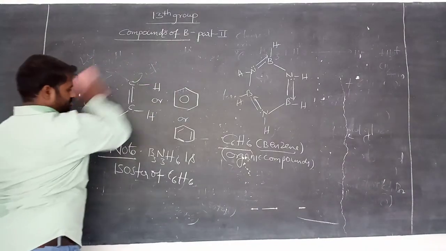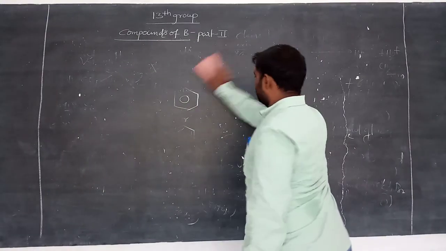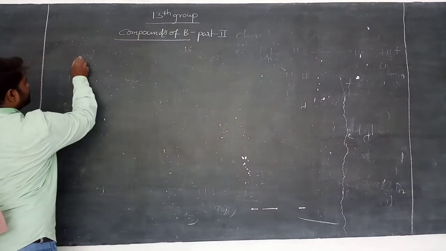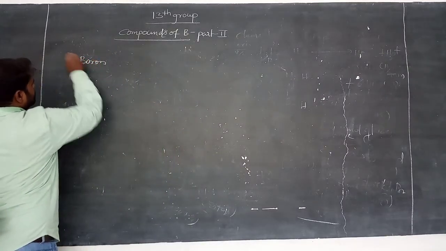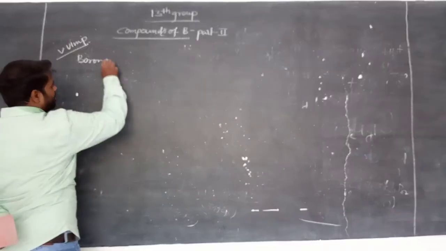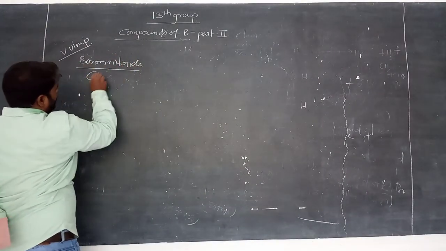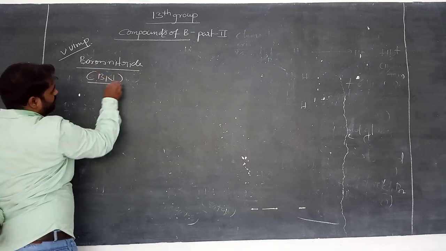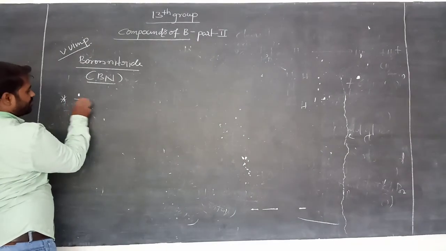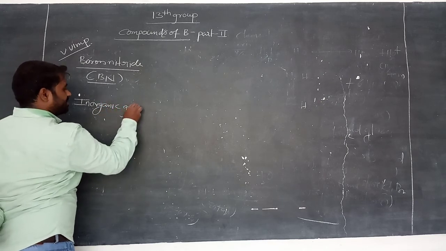Okay. Next, one more important compound we need to discuss. That is boron nitride, that is BN. So it is also called inorganic graphite.